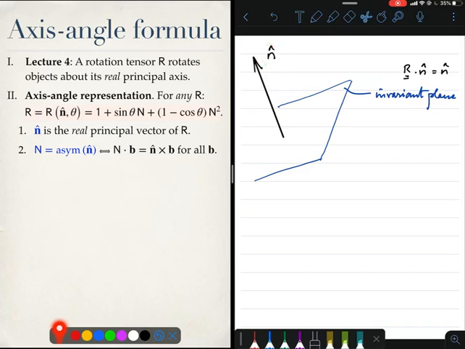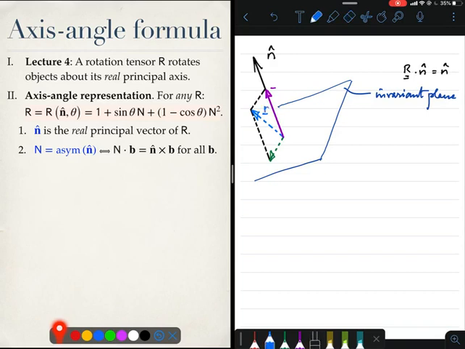Now what I am going to do is put a vector here, and I have projected the vector onto n. I won't call it a, I will call it R for reasons you will see.